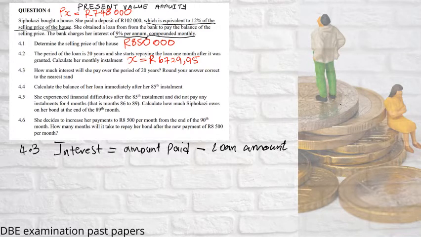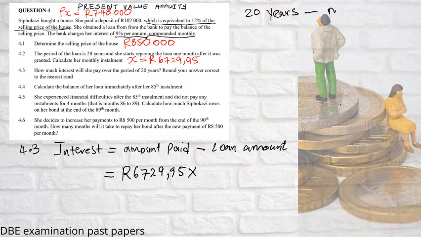Just say amount paid, how much did she pay, then we subtract the loan amount. So amount paid, she was paying 6,729.95, but she made these payments for 20 years, right? And she was paying them monthly, and we determined that to be 20 times 12, which is 240 payments made.